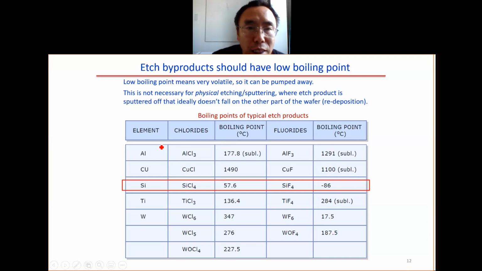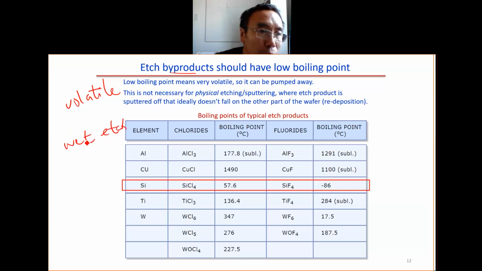For chemical etching, how do we know whether the etching will proceed or not? This depends on whether the product is volatile or not. For wet etching, we need the etching product to be soluble.